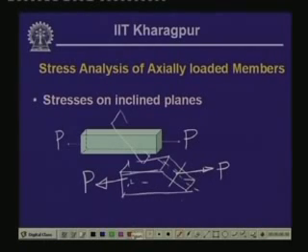Now, we can take the components of this force in the normal direction, normal to this plane, and along the plane, which will give you the three stress components: the stress corresponding to the normal direction, which we call the normal stress, and the two shearing stress components, tau.